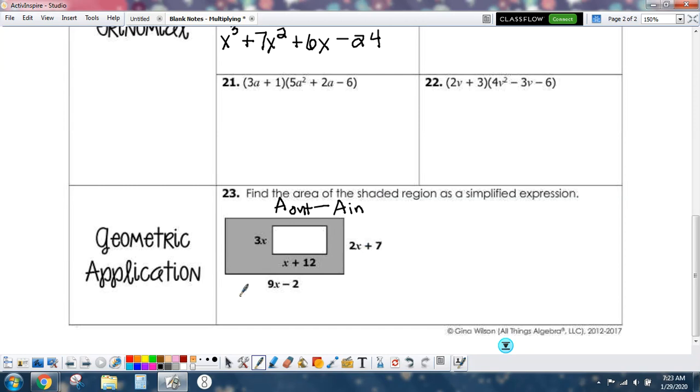And remember, to find the area, it's length times width. So I'm going to do my length of the outside. It doesn't matter which one you do. I'm going to do 2x plus 7, okay, times 9x minus 2. And then I'm going to go ahead and subtract my 3x times my x plus 12.